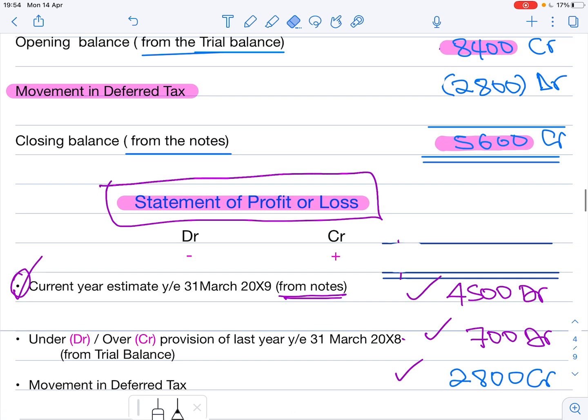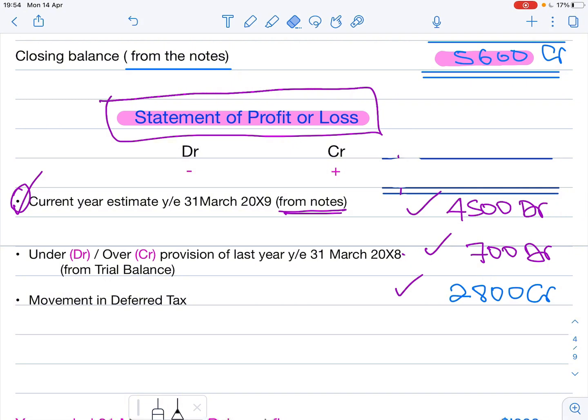So the 28 already brought it here. So let's net off this. We want to get the net figure of these 3. Would you agree that the total of our debits is more than the total of our credits? So we have 4.5 debits, and we also have 700 debits.